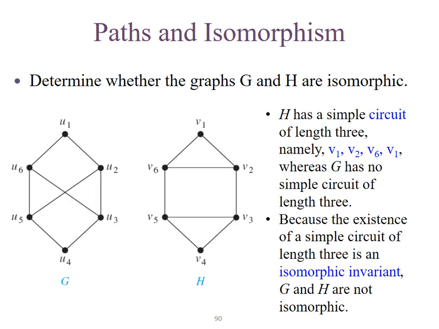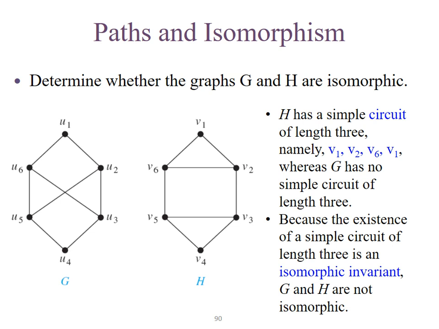All right, next, paths can also be one possible graph invariant to determine isomorphism. For G and H, maybe we have a path of length 3 along V1, V2, V6 to V1. Okay, 1, 2, 3.